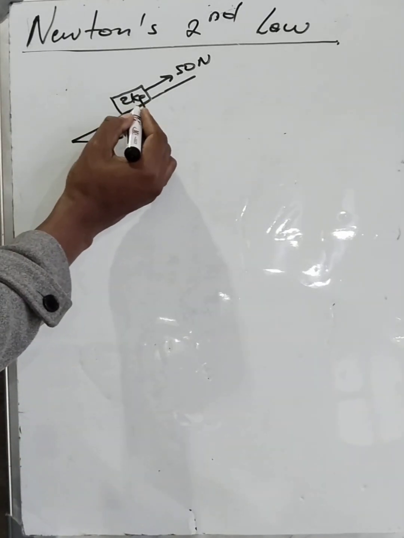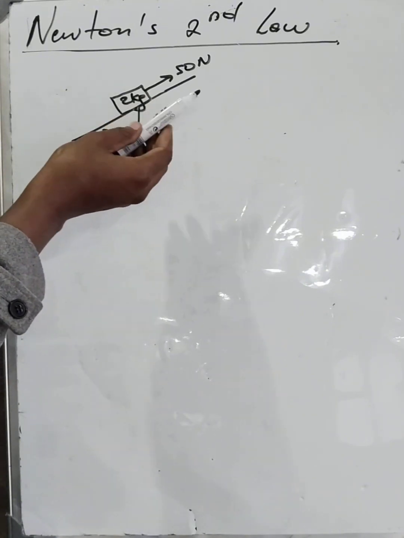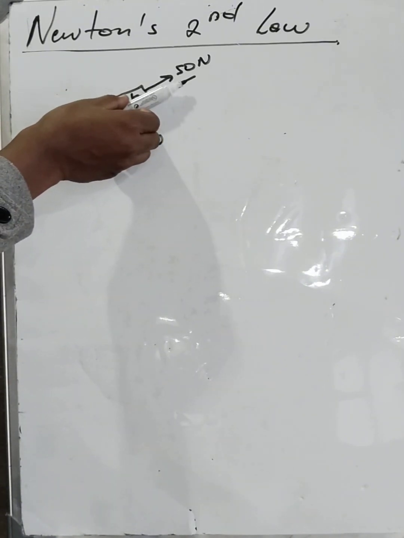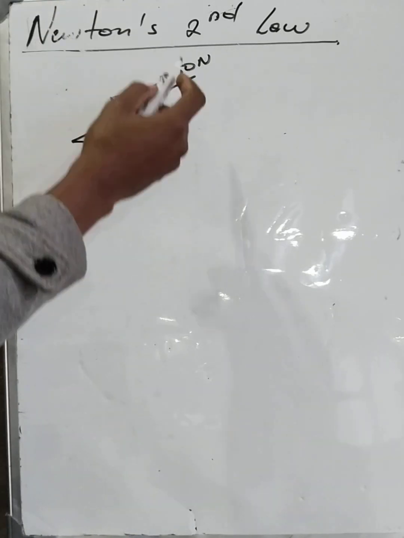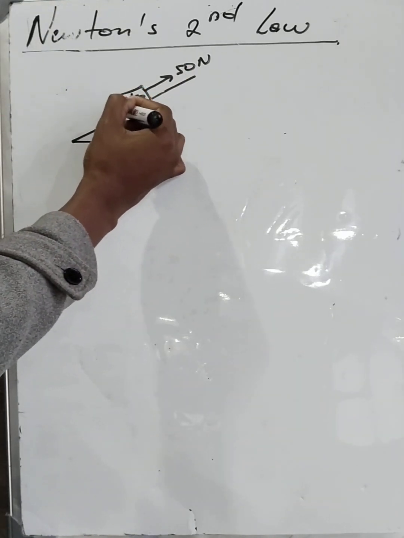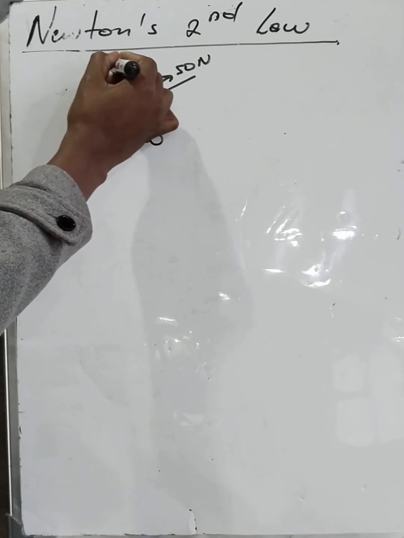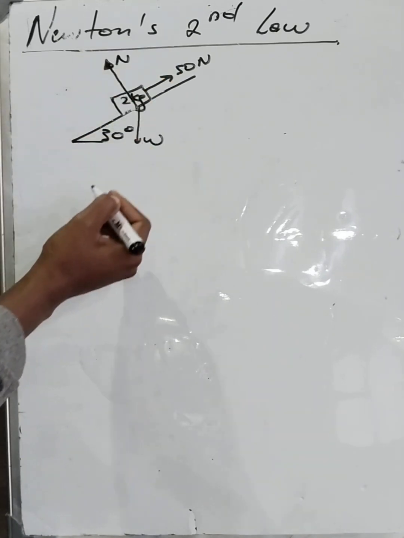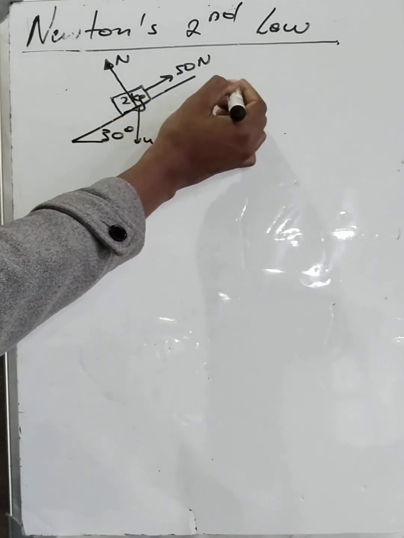So we are going to have a weight downwards, always. Then the normal force, this is the surface. Normal force is the force exerted by a surface on an object. So the surface will push this object in this direction, which means the normal force will be in this direction. That is the normal force. Then the friction opposes the motion parallel.